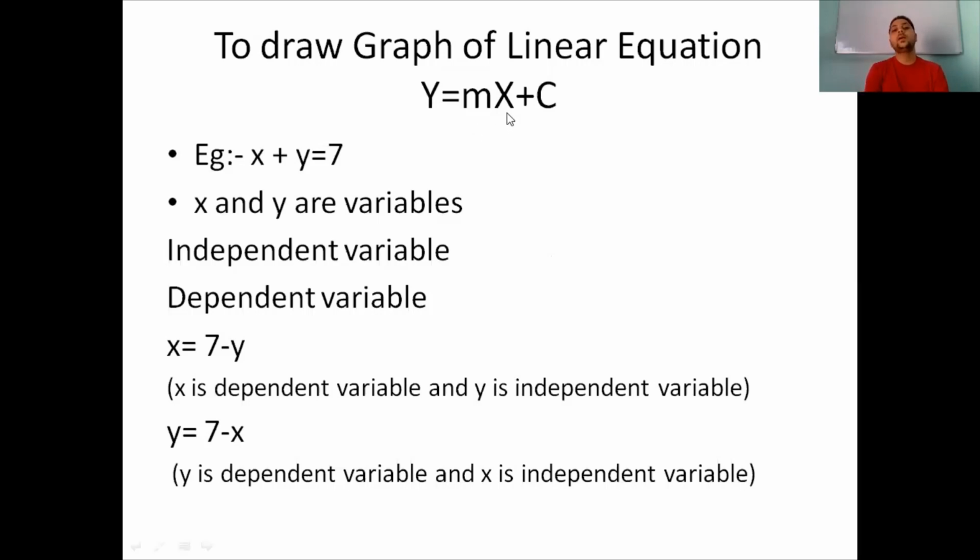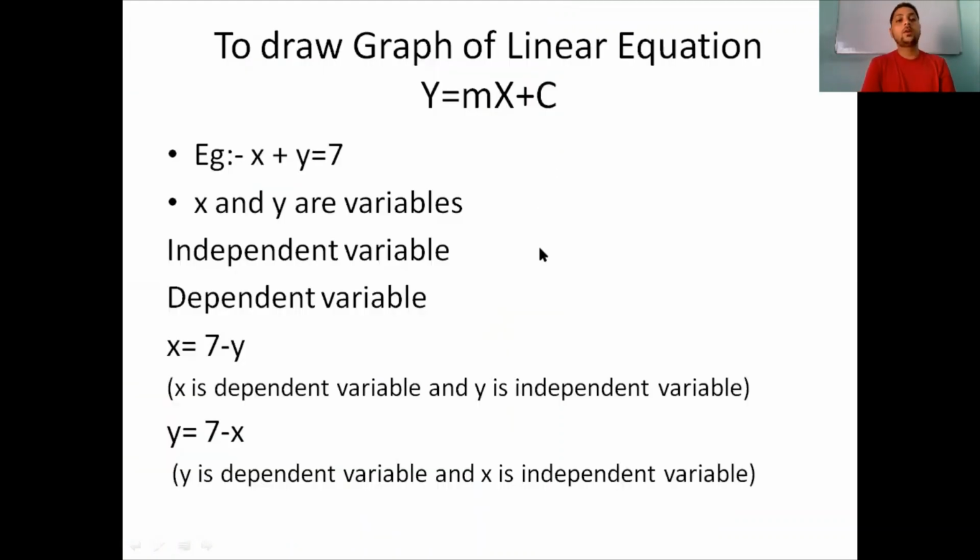X is the independent variable because we can have any value of x here, and this value of x will affect the value of y. M is the slope and c is the intercept here.